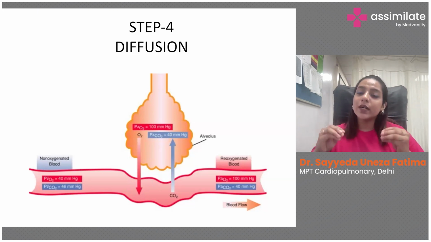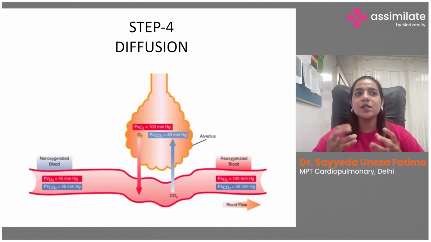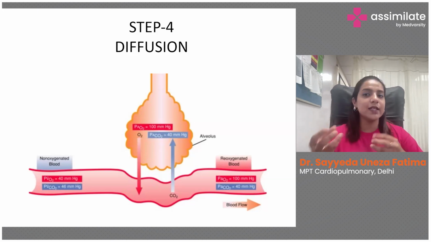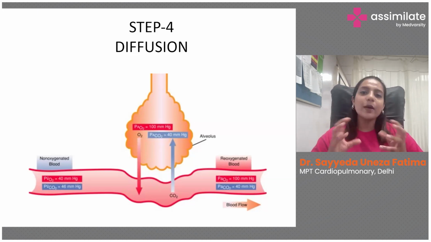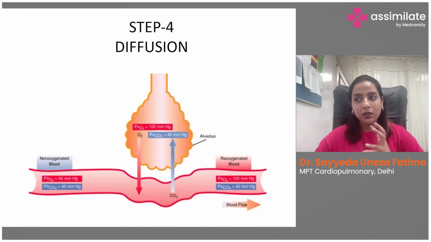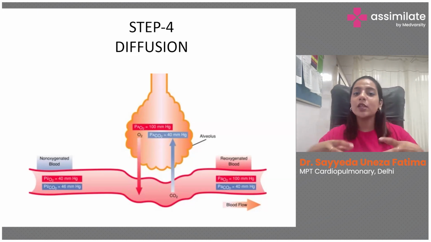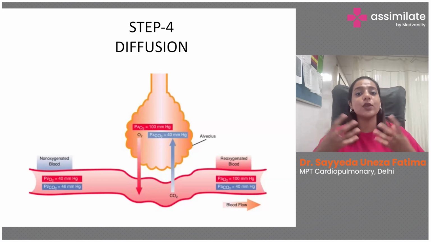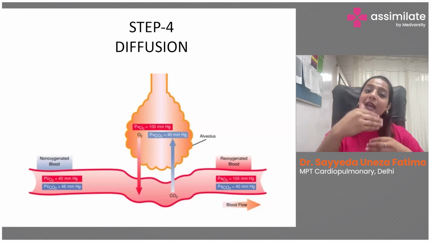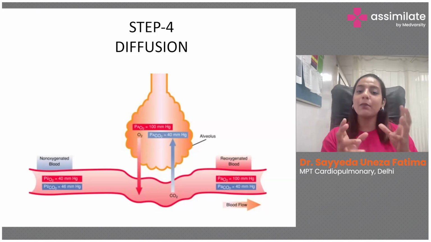So in order to correct that defect you need to correct the cause. Permanent causes like scarring or ILD are not permanently correctable, so you need to manage them. But causes like secretion retention or collapse of the alveoli can be corrected well with the right physiotherapy and pulmonary rehabilitation. So you need to make the patient do all those exercises so that the alveoli can expand, and the oxygen can transfer from the alveoli to the blood or the capillaries and bind to the hemoglobin.